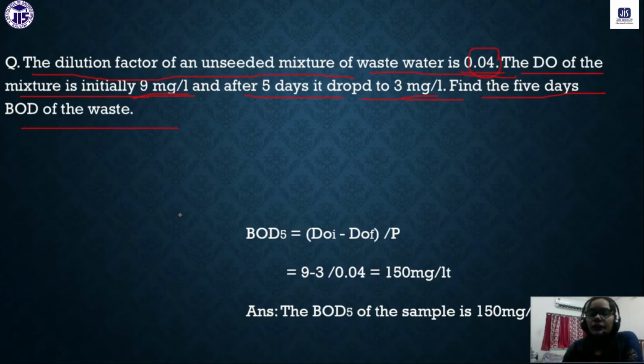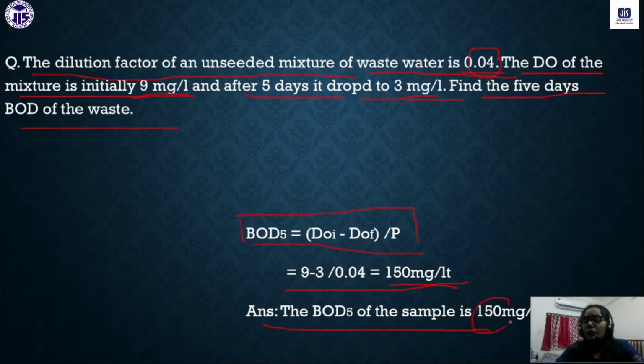But these data are not given in this question, so we have to use the previous BOD test, the previous equation number 1, that is BOD5 equals DOI minus DOF divided by P. So the initial value is 9, minus the final value 3, 9 minus 3 divided by 0.04, and that is 150 milligram per liter. So the answer is the BOD5 of the sample is 150 milligram per liter.